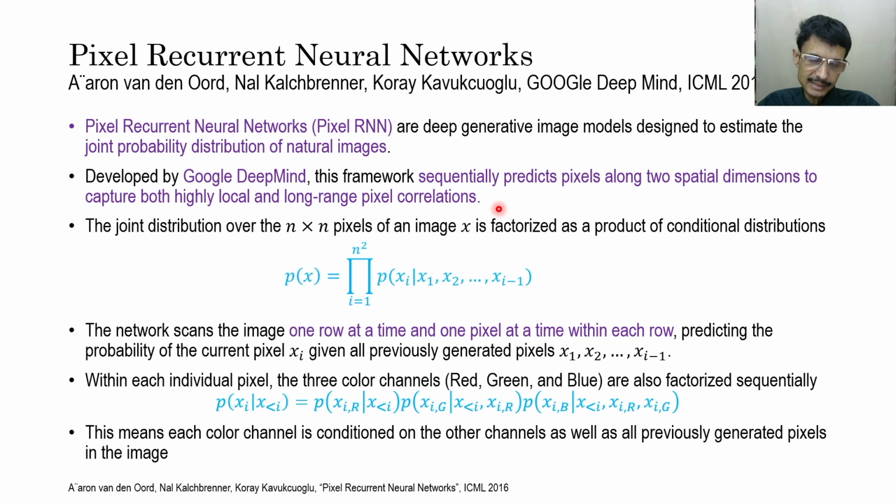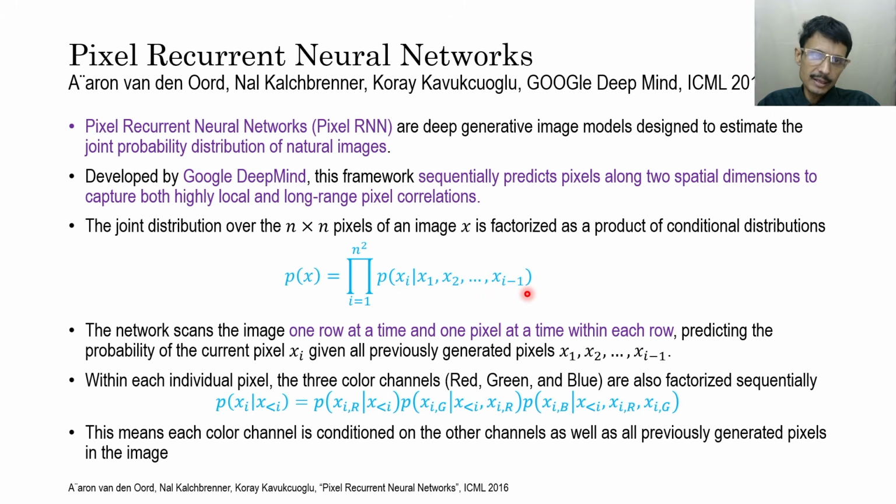Sometimes local pixels are important for a particular patch of the image, whereas sometimes long-range pixel correlation is required. The joint distribution over the n times n pixels, that is n squared, of an image x is factorized as a product of conditional distributions, as we have seen before: p of xi given x1, x2 up to xi minus 1.